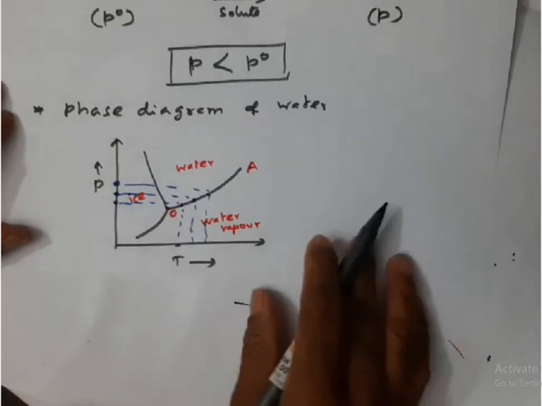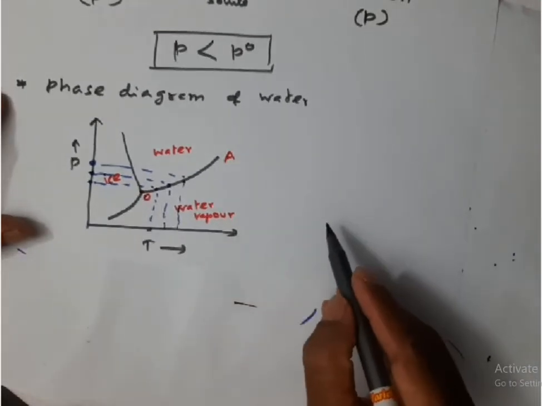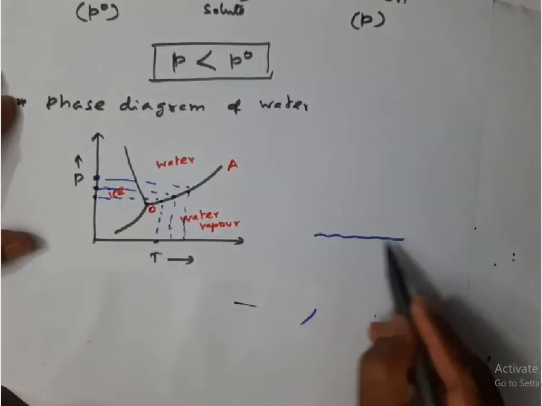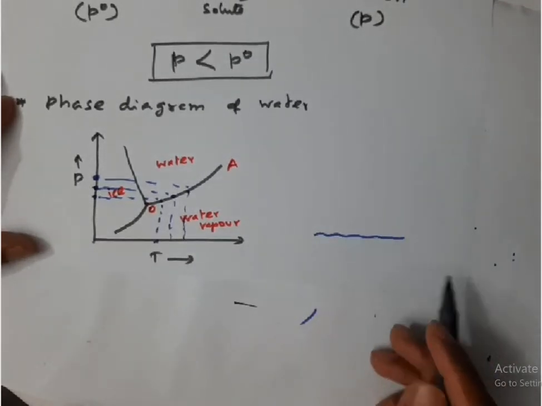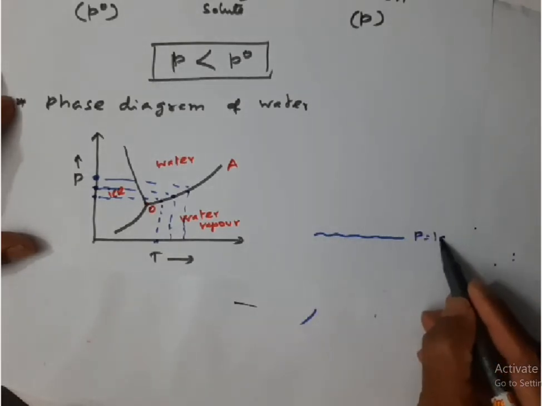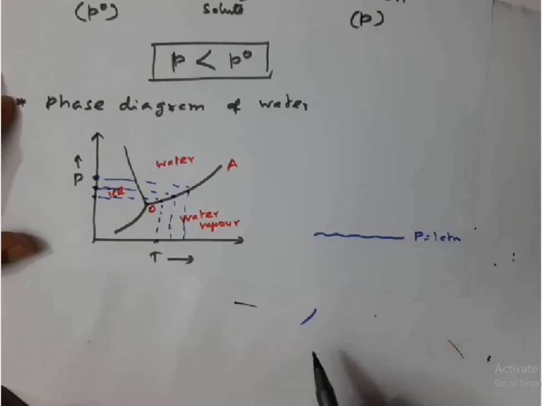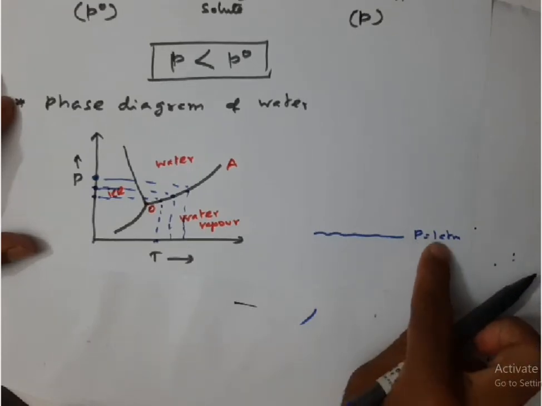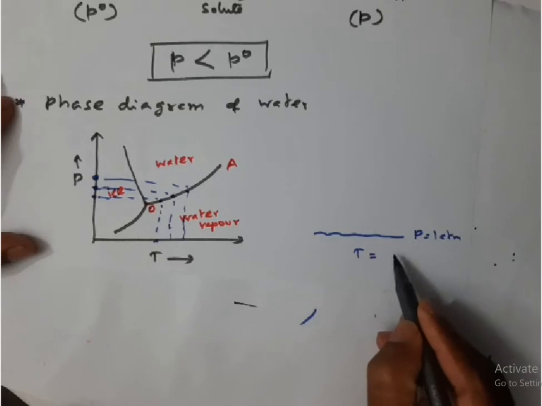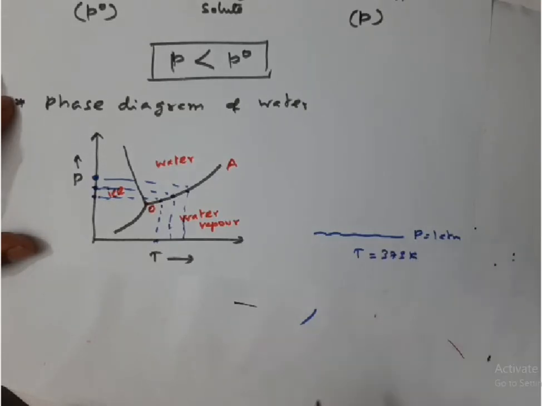Keep this in mind. That is why normally the external pressure at sea level is actually 1 atmosphere. Therefore, at 1 atmosphere, water boils at, you know very well, boiling point of water is 100 degrees Celsius or 373 Kelvin, roughly, we say.